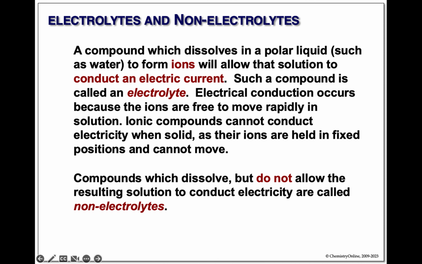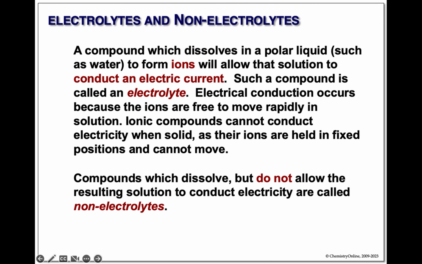That's why you can't take a hairdryer in the bathtub, right? Or you could do it once, but that's it. All right, this solution is called an electrolyte. Basically, it conducts electricity. Now, there are things that dissolve that don't form ions and do not conduct electricity. They're called non-electrolytes.